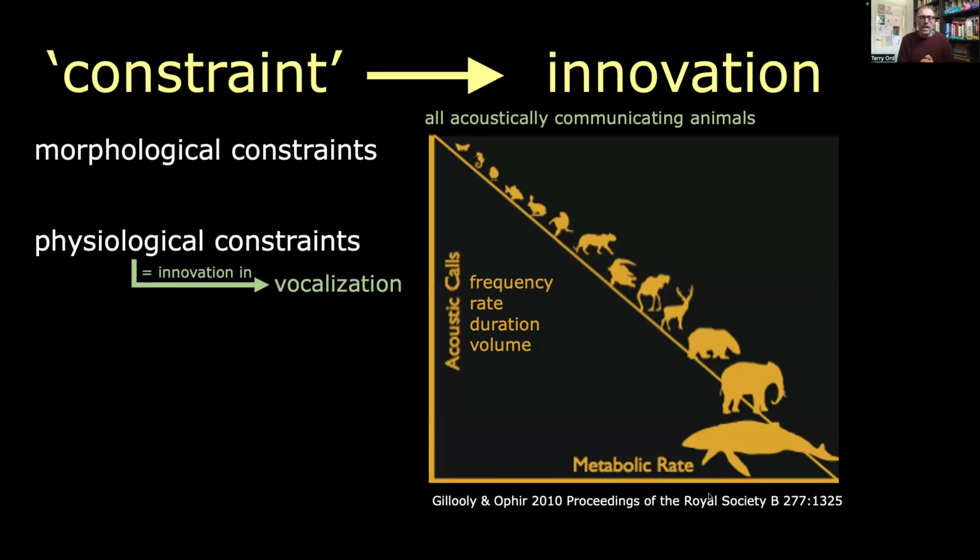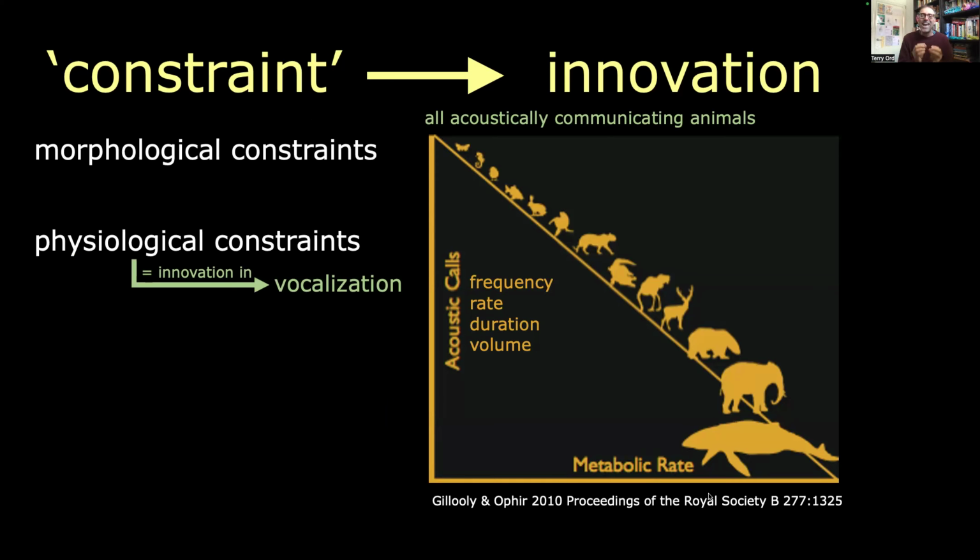This wonderful study that came out over a decade ago, where the researchers had a look at all acoustic communication being produced across the animal phylogeny, and they discovered that depending on the body size, or more specifically the metabolic rate of a species, you can actually predict really precisely what the frequency, rate, duration, and volume of those acoustic signals that are produced in social communication.